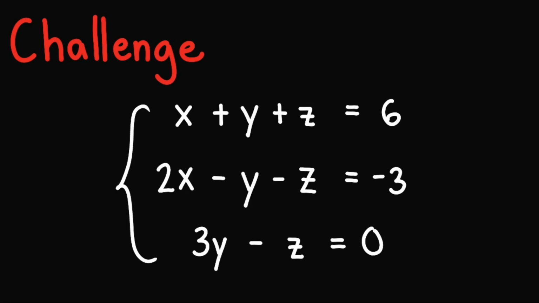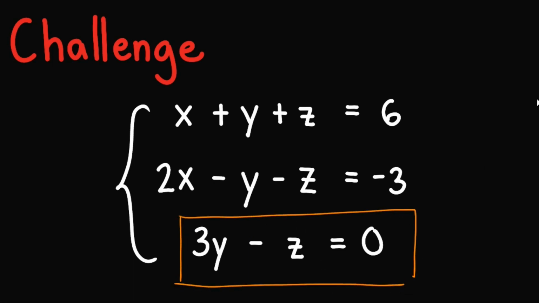As a hint, you can start and focus first on this third equation. From there, you can use the obtained one to make these 2 equations above it a system of linear equations in 2 variables.